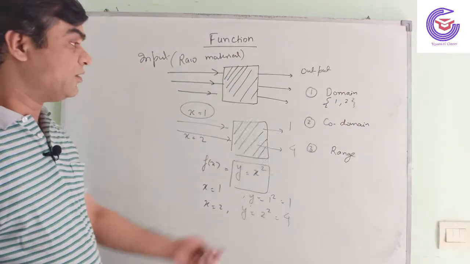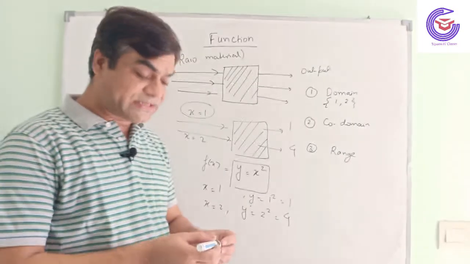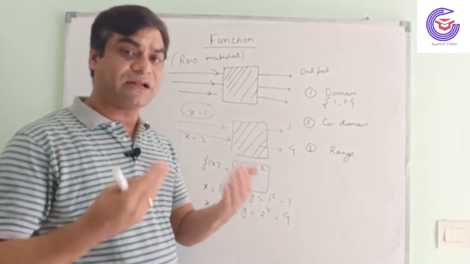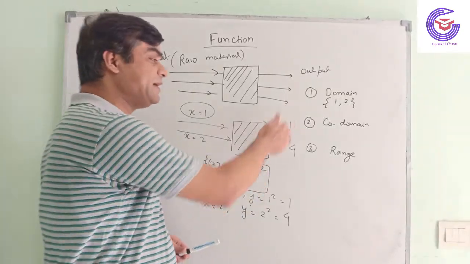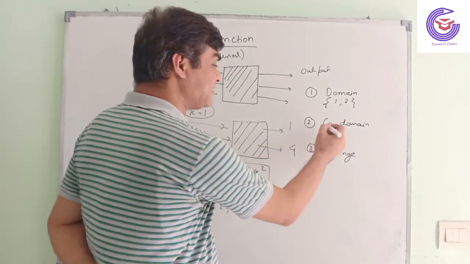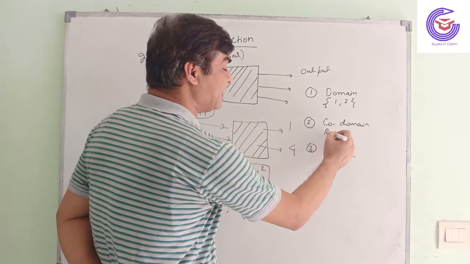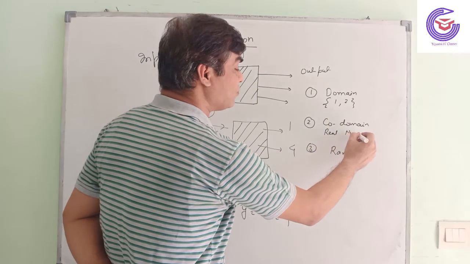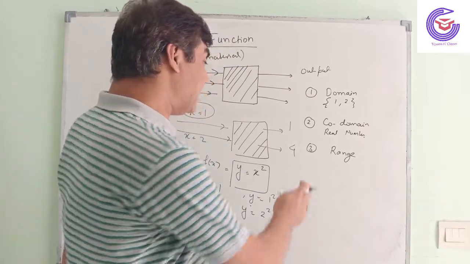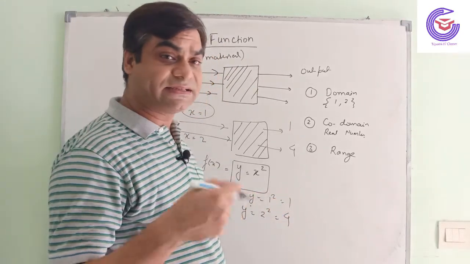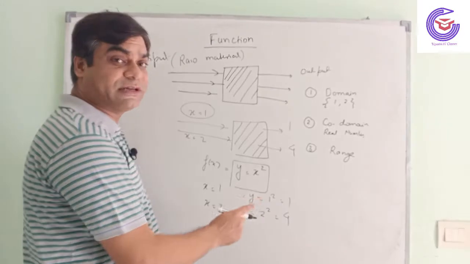What is codomain? Codomain is basically all the possible outputs that can happen. Suppose this can be a real number in this case, so any real number I can say is the codomain. This is basically all the possible outputs. And range is the exact output, whatever the output comes.